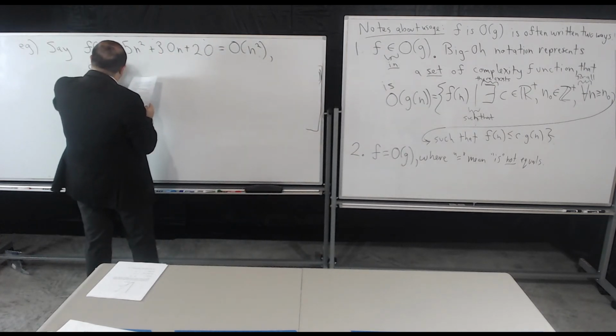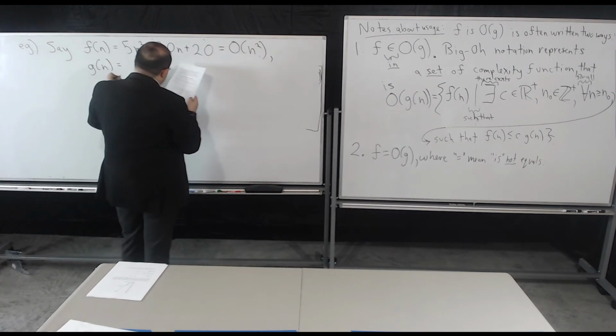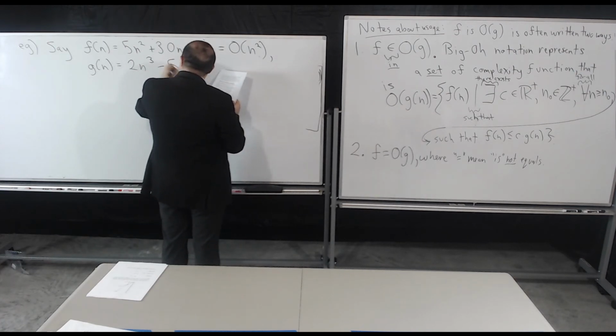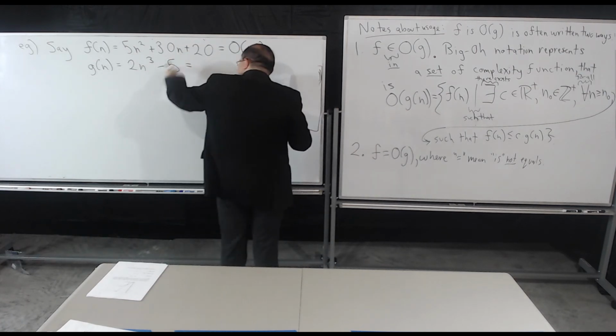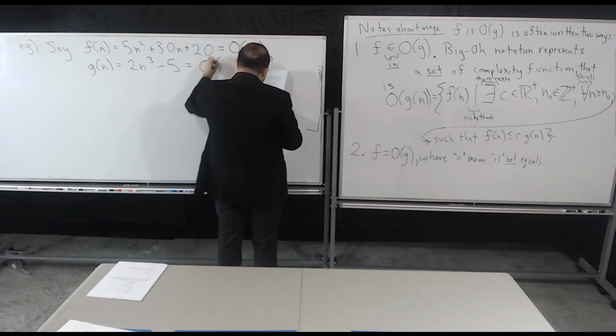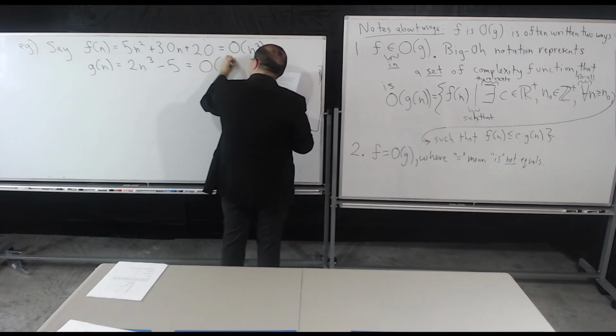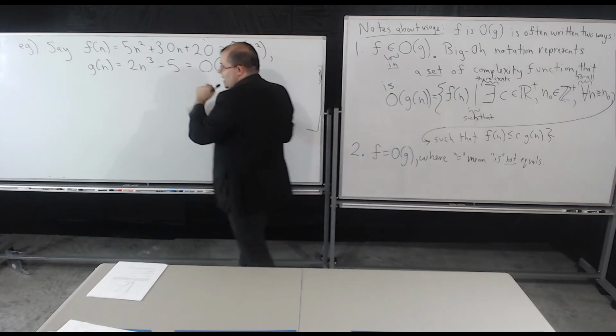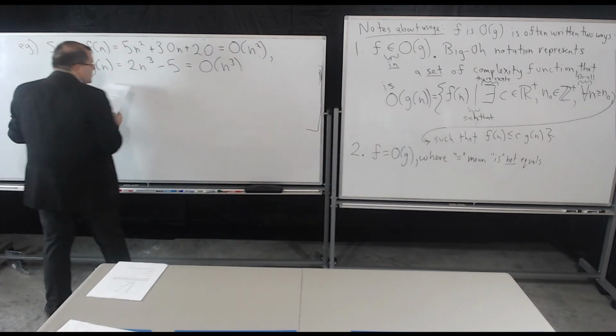Likewise, I can give you g of n and say g of n is equal to 2n cubed minus 5, which is big O of n cubed. I drop the constants and just take the dominant term, the one with the highest power, at least in this case.